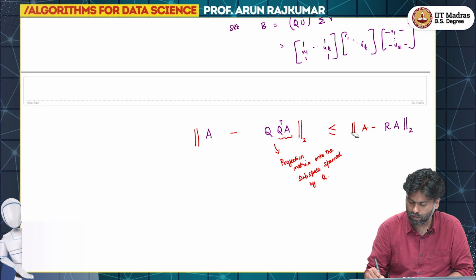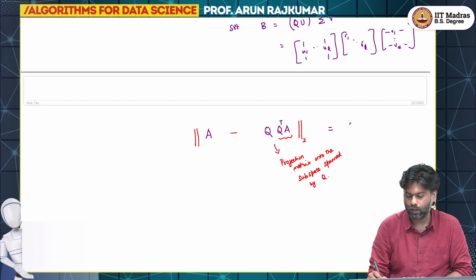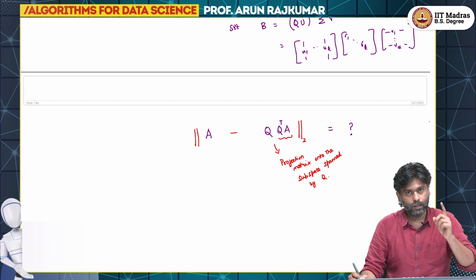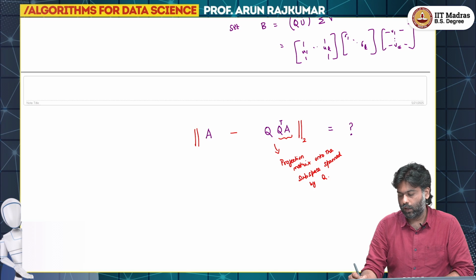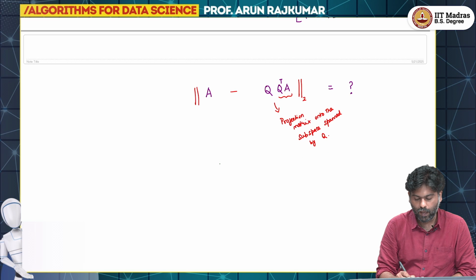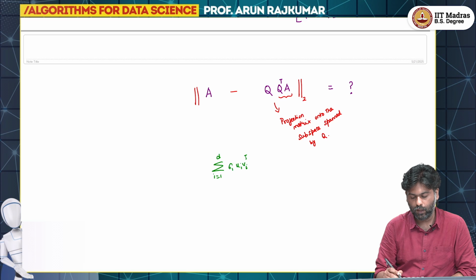So in fact, we can say more. We can even argue what this value exactly is. What do you think this value is? This is a great question to think about to test your linear algebra skills. So what are we saying? A itself we know is the sum over i equals 1 to d of sigma i ui vi transpose.